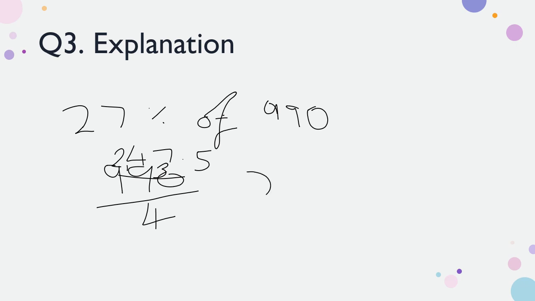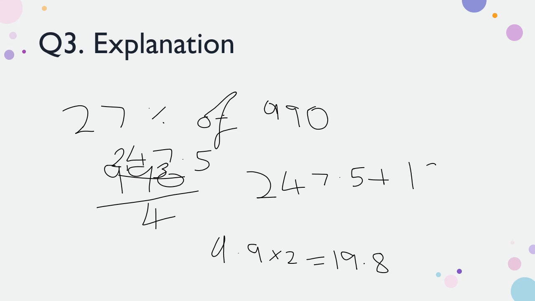247.5. So 247.5 plus 2%. 1% is 9.9, and 9.9 times 2 is 19.8. For this sum, 240 plus 10 is 250.